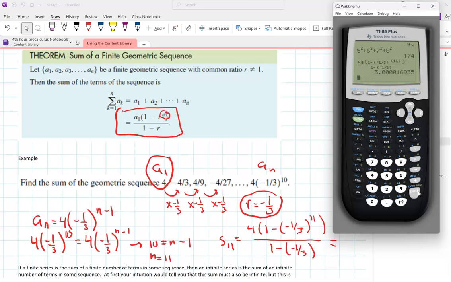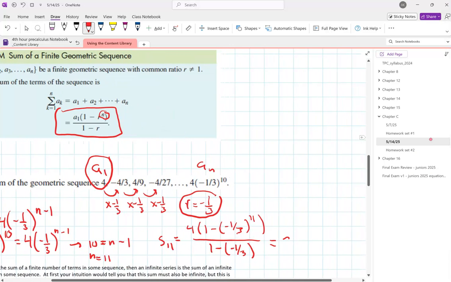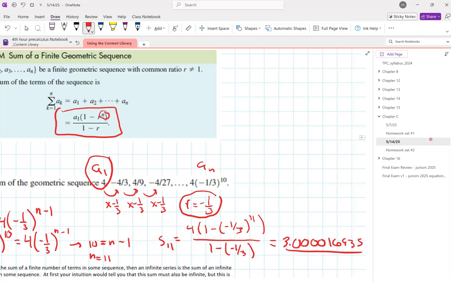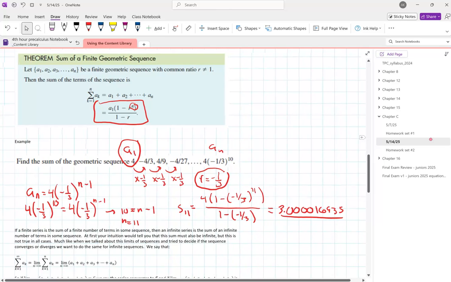And so that gives me 3.000016935. Again, not too bad. Basically, we're just filling stuff into a formula. Did I have to solve for parts of that formula? Yeah, but the solving wasn't really that difficult to do.